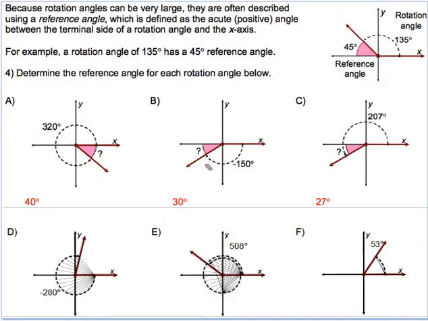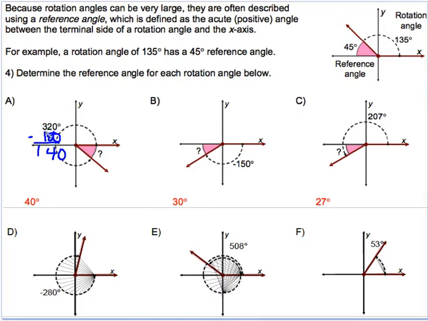When we had this negative 150, add or subtract 180 just so that you can get a positive acute angle. Right here, 180 minus 150 gives you 30. This one here, I've got 320. If I subtract 180, let's see, what do I get? That would be 140, hold on.